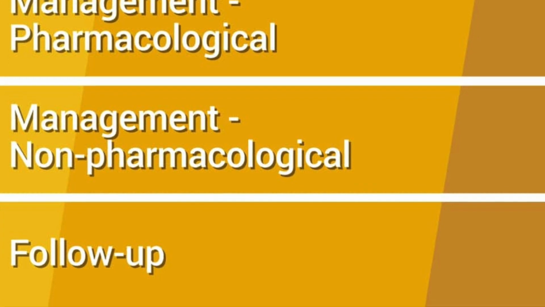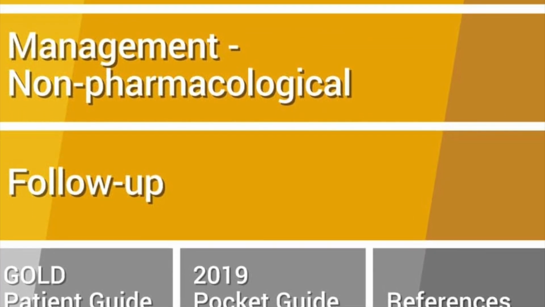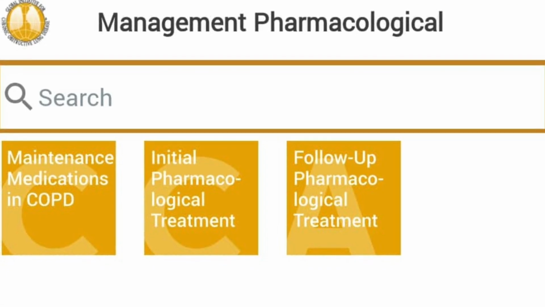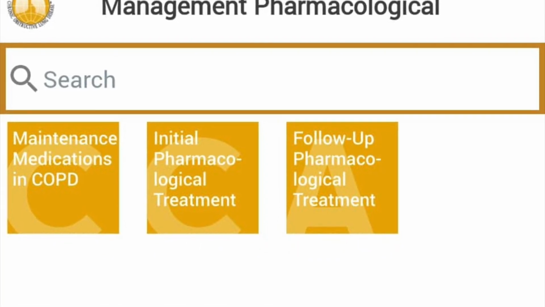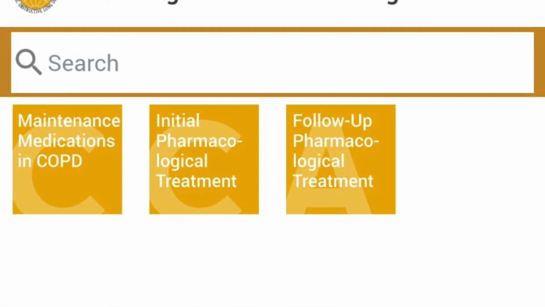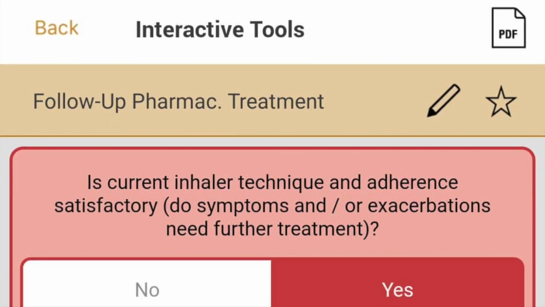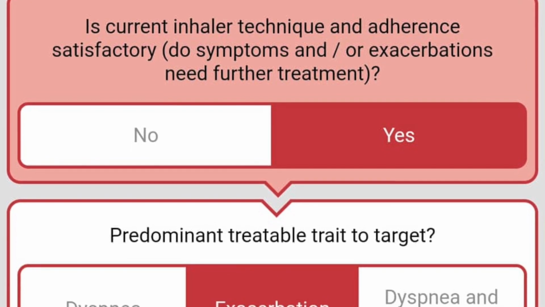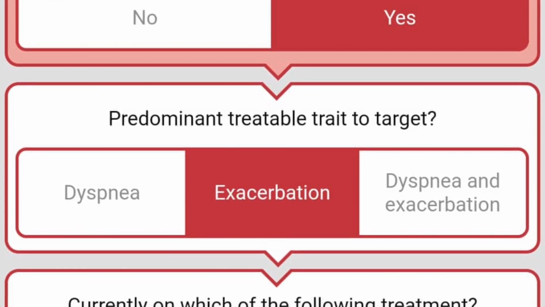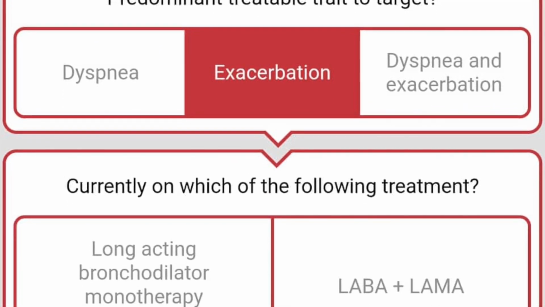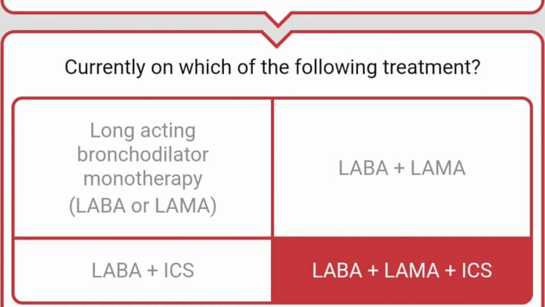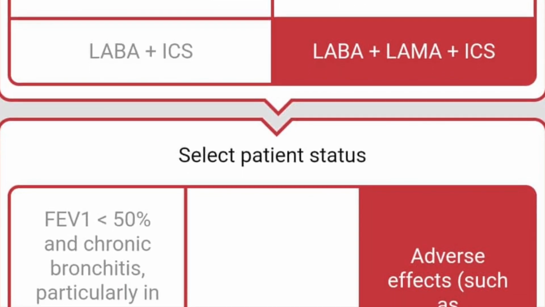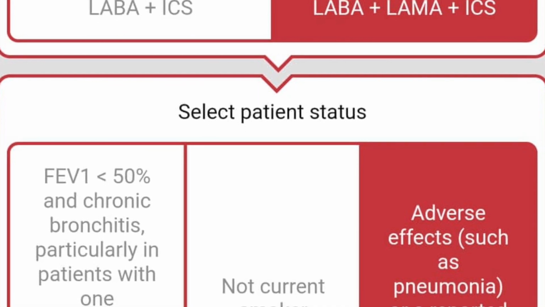For example, if you go in pharmacological management, you have different information that you can get for maintenance medications, from initial pharmacological treatment to follow-up pharmacological treatments. What is very nice about this application is that it gives you various types of algorithms, for example, the algorithm that you will be using for the follow-up pharmacological treatment. And this is very useful because you can quickly have reliable information to manage such patients.